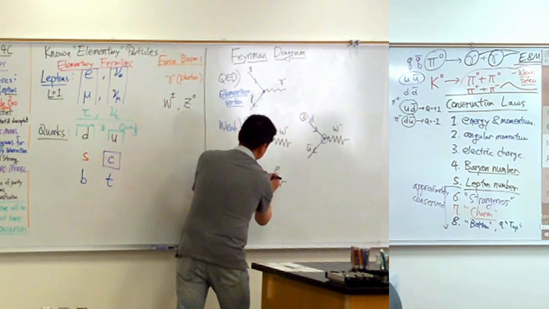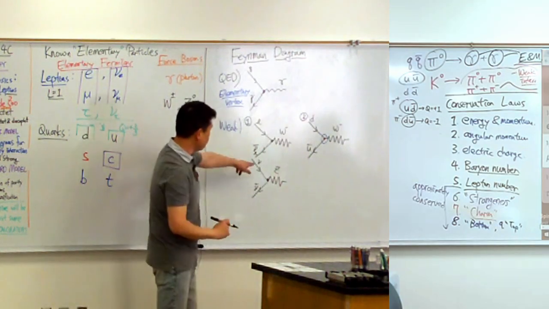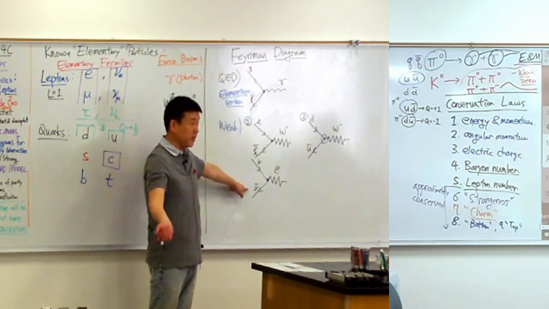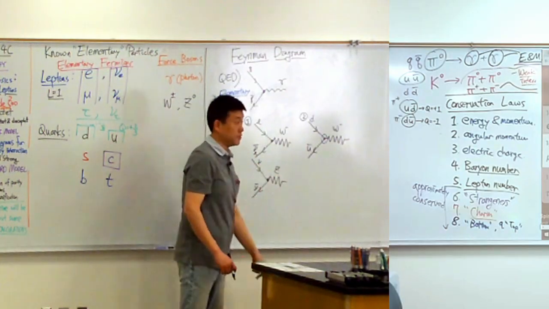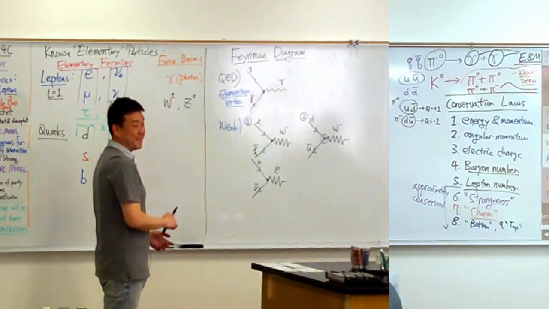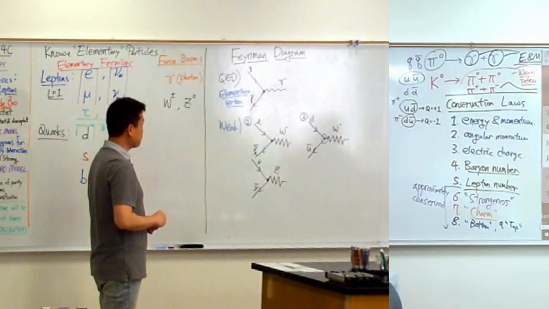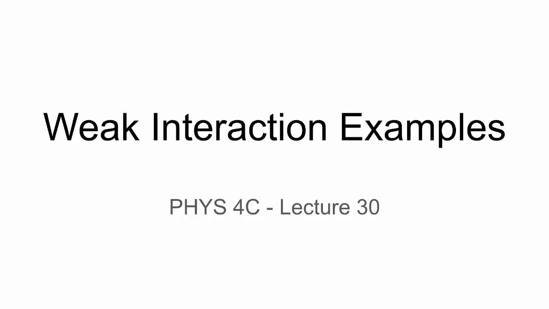Neutrino coming in and antineutrino coming in. So you can see neutrino-neutrino scattering or neutrino-antineutrino scattering mediated by the Z boson. Well, it's not easy to see, but it can happen. So these are weak interaction vertexes.